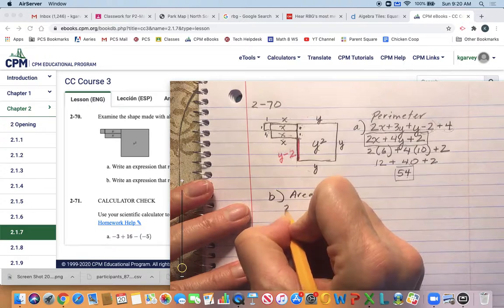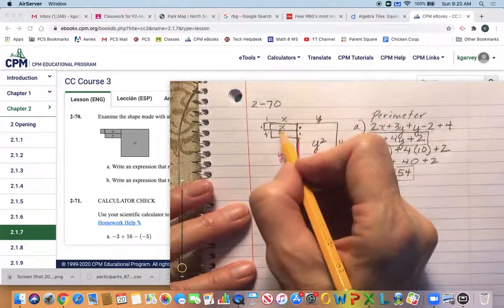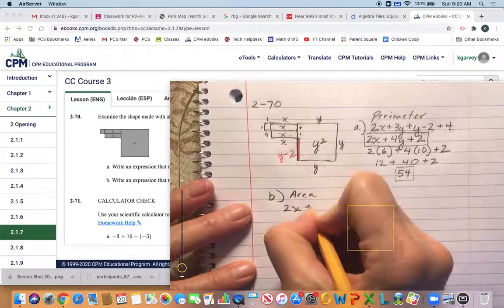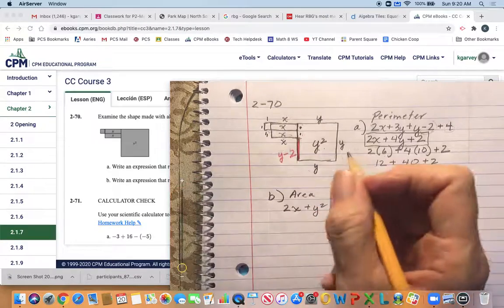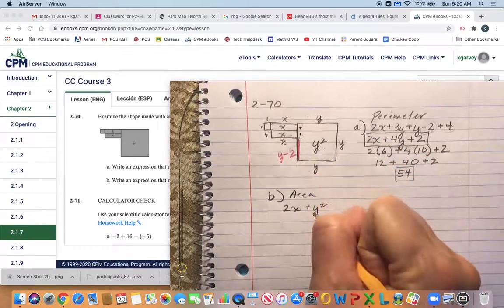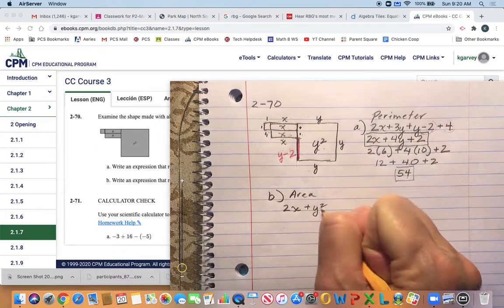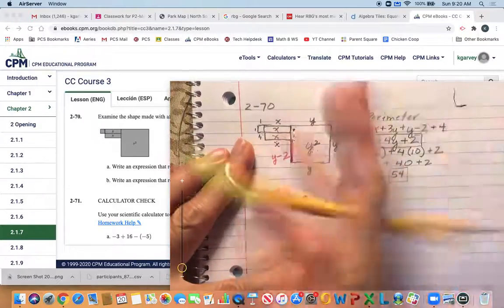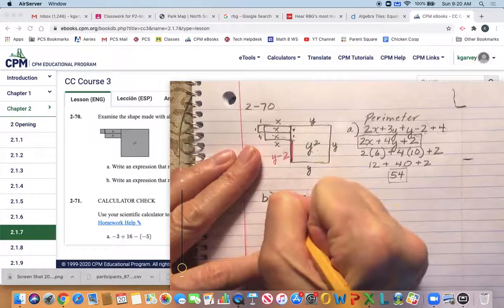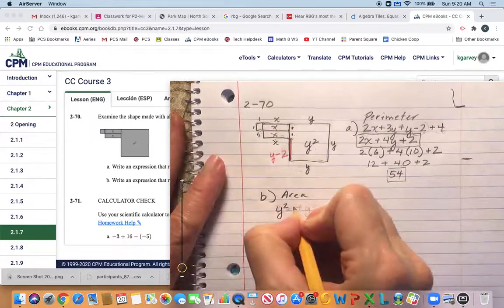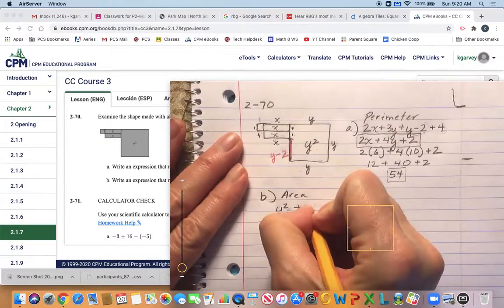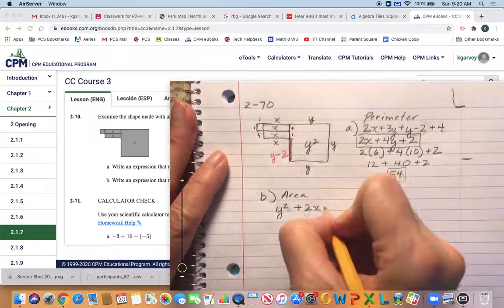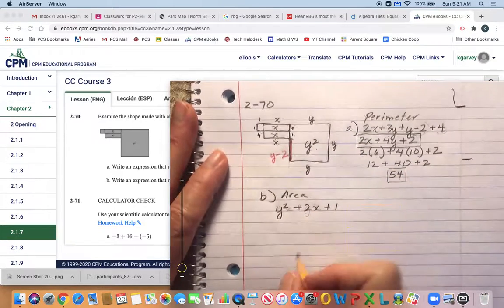So I've still got 2x because I've got an x tile and an x tile, so there are two of those together. And then I've got a y squared tile. Although usually what we do is we put the exponent with the highest value up front. So normally you would write y squared because the highest power goes first. And then you would write 2x for the two x tiles. And then we've got one unit tile. So that's plus 1.